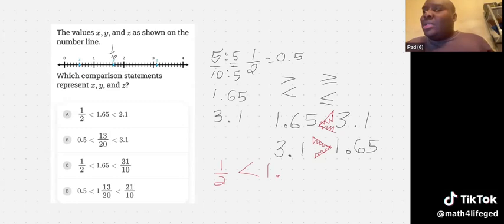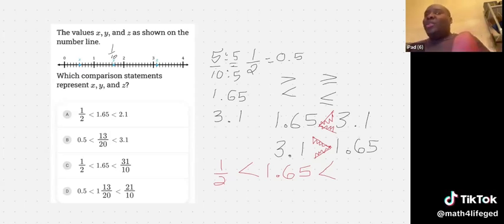And then the alligator mouth is going to eat the other largest number, which is the 3.1, or 3 and 1/10. 3.1 is the same as 3 and 1/10.